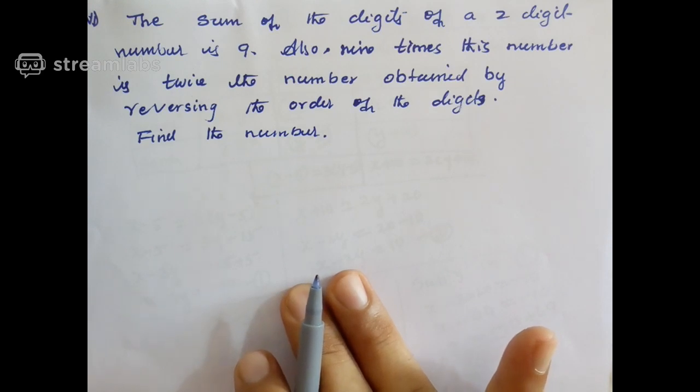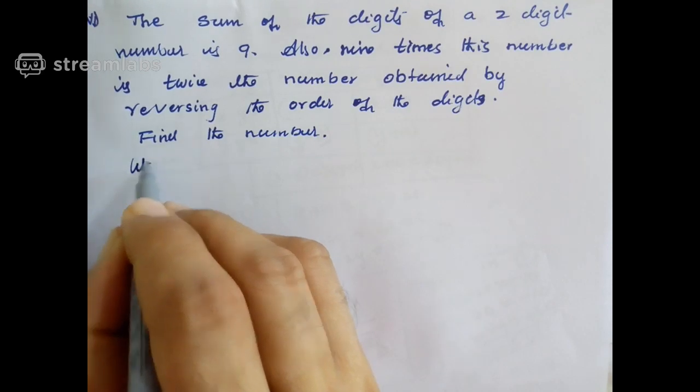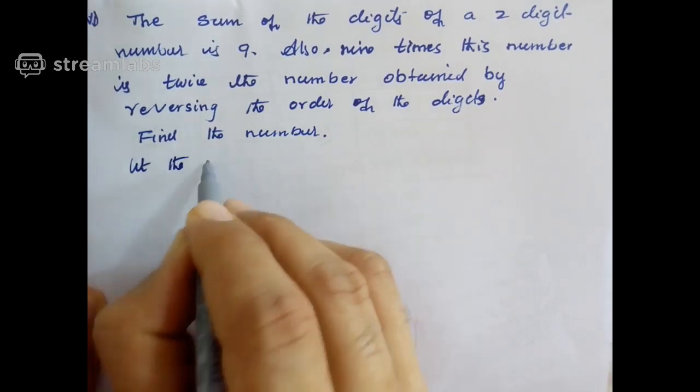You understood? The sum of the digits of a two-digit number is 9. Also, 9 times this number is twice the number obtained by reversing the order of the digits. Find the number.